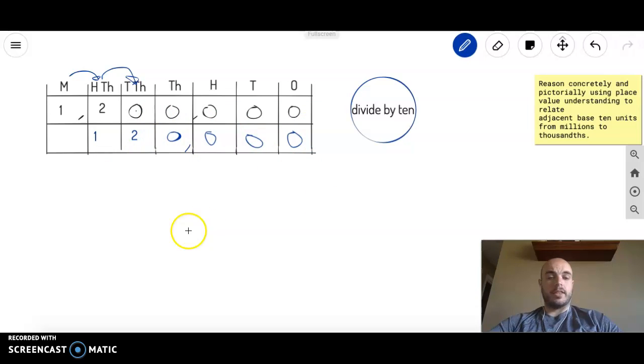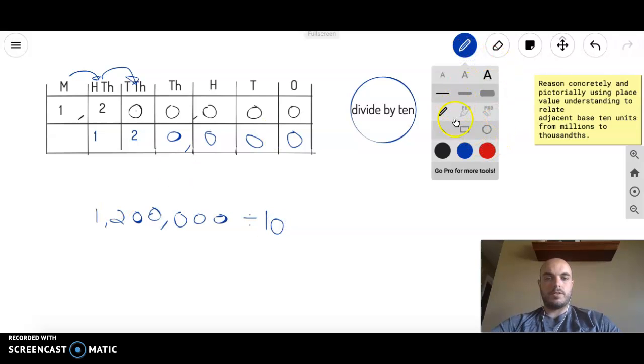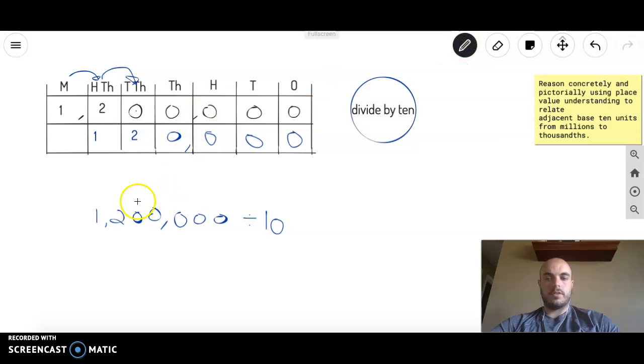A really good way to check this is what I call the zero trick. So if I have 1,200,000, and I'm dividing by 10, and I'll label this for us, zero trick.